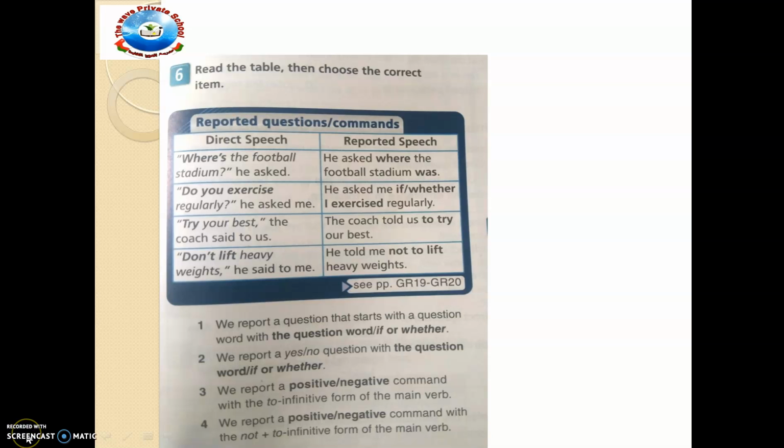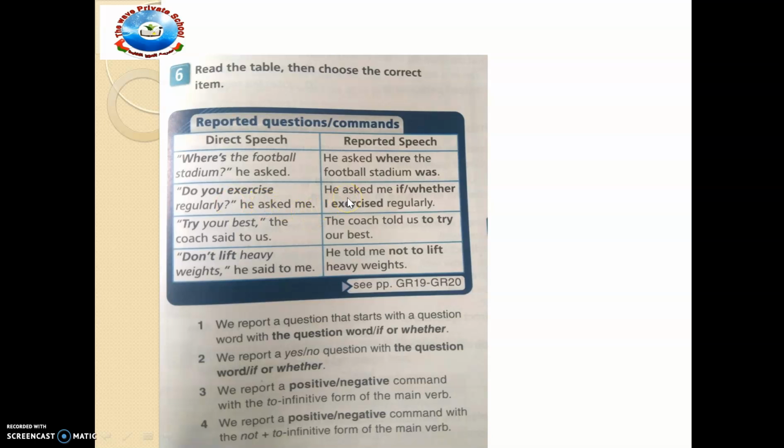Now, having taken notice of that, I want us to read this. It says direct speech and reported speech. "Where is the football stadium?" he asked. You can see how it is reported: he asked where the football stadium was. "Do you exercise regularly?" he asked.